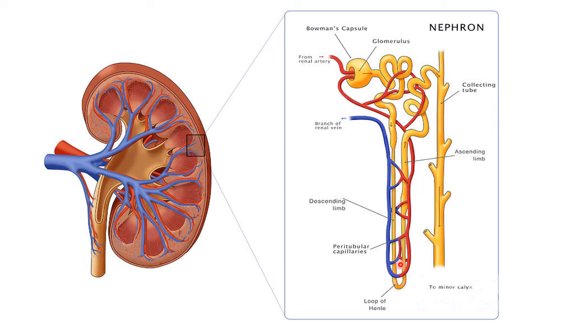The remaining urea and some water molecules proceed into DCT, where the remaining water molecules are also absorbed into the interstitial fluid, and the remaining urea proceeds into the collecting duct. Now, urea from all the collecting ducts collect into the renal pelvis, from where it gets into the ureter. From ureter it proceeds into urinary bladder and is excreted from urethra.